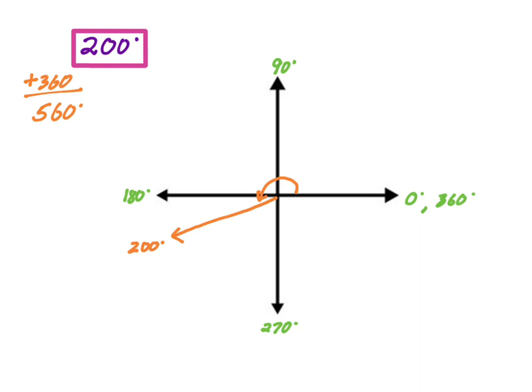Or if I wanted the negative version, which means I would have to come around this way, well, I'm going to need to subtract 360 degrees, and that gets me negative 160. If you take the sign away from negative 160, 200 plus 160 is 360. It makes the full circle.